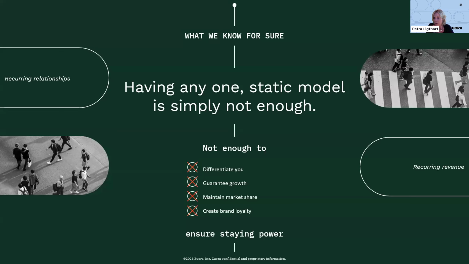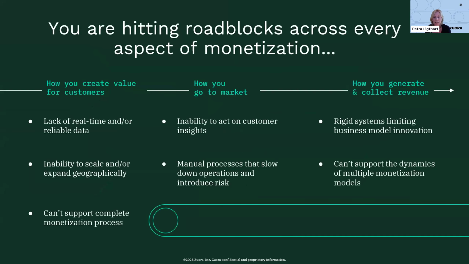So if you go to the next slide, what we see in our customer base is that they are hitting roadblocks in having that agility. It's very hard for companies to introduce those new business models very fast, and they lack agility. They cannot expand to get more regions on the system or to cover end-to-end processes.